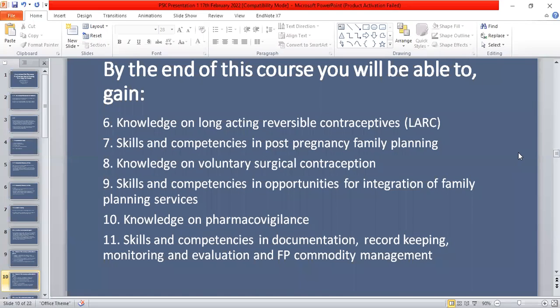So again, here, there's a clear distinction. It is knowledge, not necessarily skills. And this is tied to integrating services. We can only do so much to a certain extent because our facility may be limited, as well as other legal requirements.